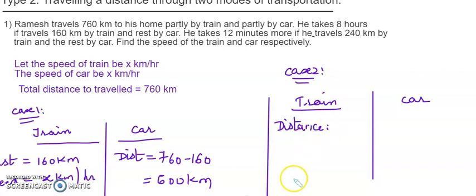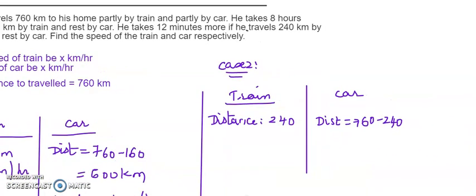in this case is 240. So here the distance will be 760 minus 240, right? Okay, let me rewrite it. It doesn't look like 760. Sorry. Yeah. So that will turn out to be 520 kilometers, right?